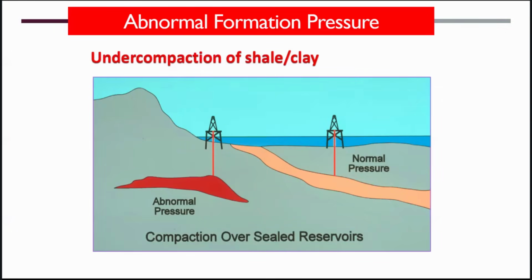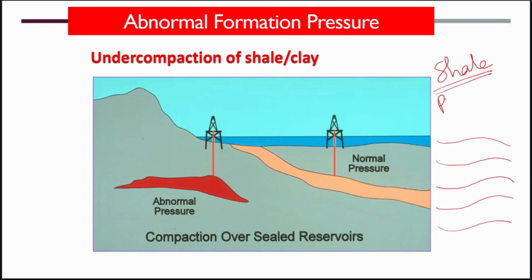Next, it can be due to under compaction of shale and clay. As we have seen, the formation can contain many layers: sedimentary rock, shale, sand, clay. Shale is a type of rock which has very low permeability. Permeability means the ability to flow.